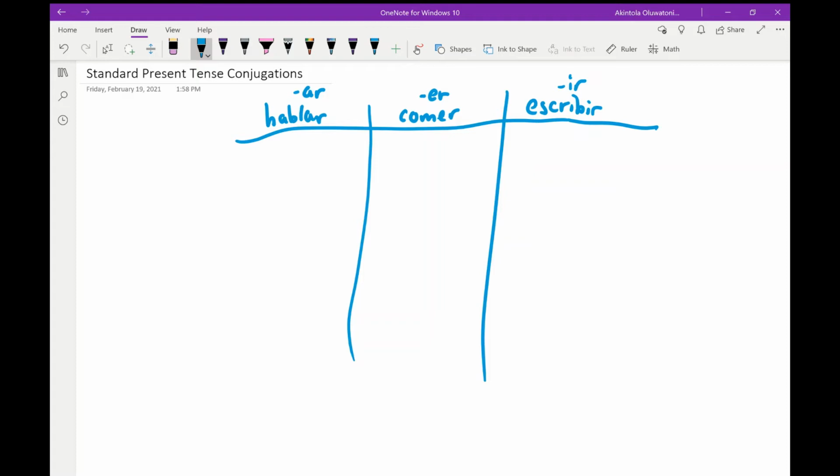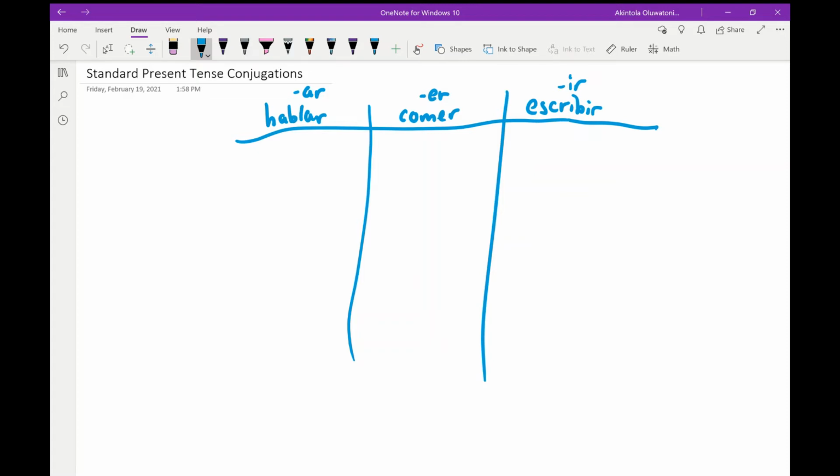So, as I said, all the infinitive verbs that end in AR that are regular are going to end in the same way that hablar does. All the infinitive verbs that end in ER will end the same way as comer. And all the regular IR verbs will end in the same way as escribir in the present tense.